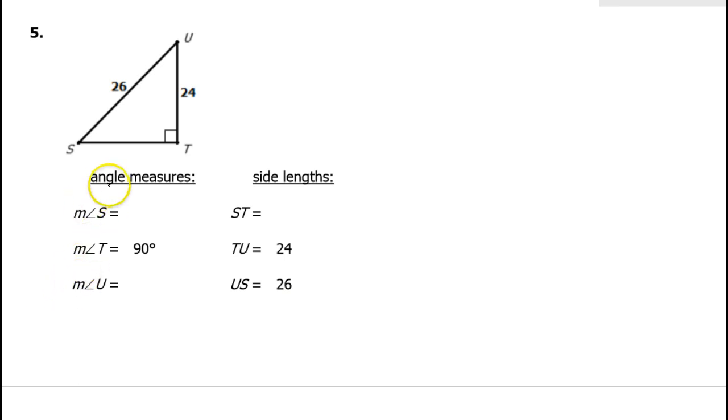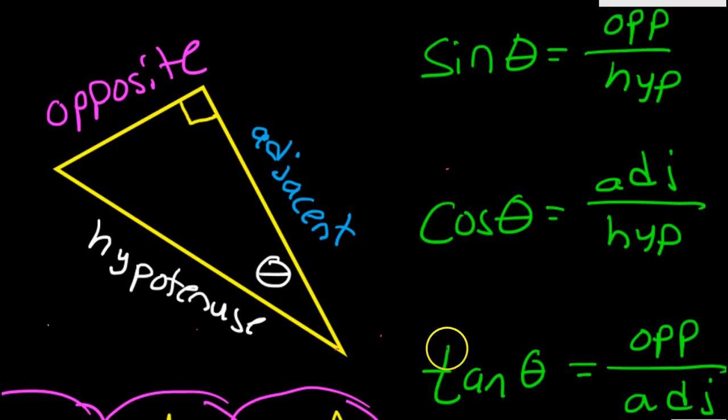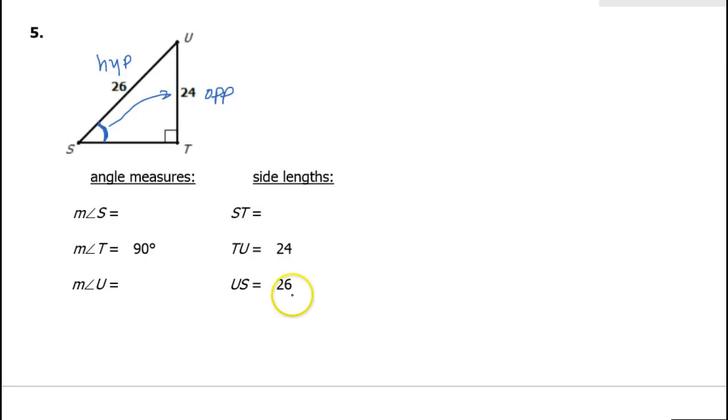Number 5, let's just do the same thing one more time. First we need to find angle S, which is right here. Now I've got these two numbers given. The 26 is the hypotenuse and the 24 is the opposite leg. Opposite means across from. So opposite and hypotenuse, that's the sine function. So the sine of angle S is equal to opposite over hypotenuse.